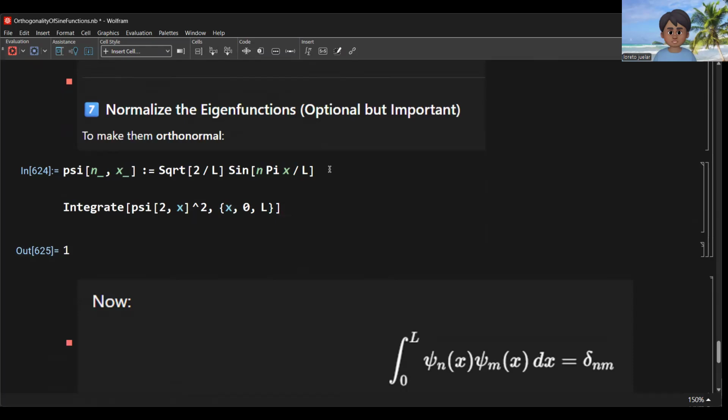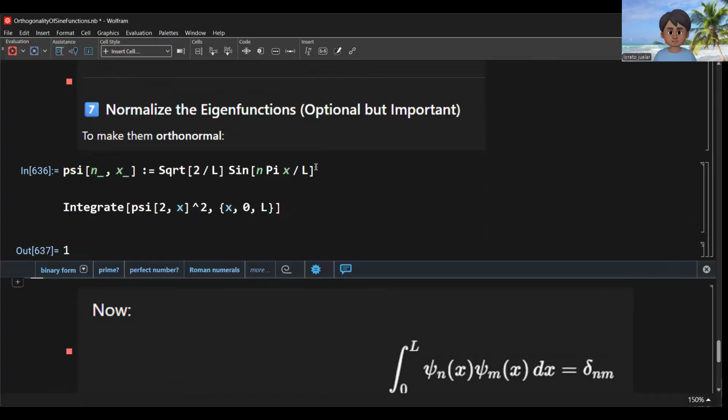Now for the normalization, to make them orthonormal, we use the square root of 2 over L times the function sine m pi x over L. So that is equal to 1.